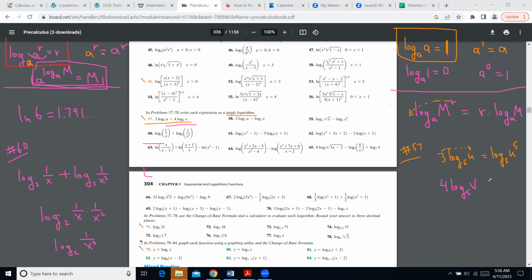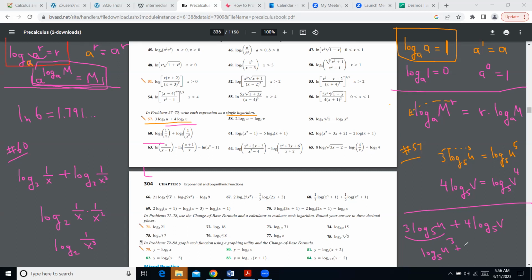Well, analogously, I can bring that power of 4 to v, so get v to the 4th. In other words, when they told you to get 3 log base 5 of u and add it with 4 logarithm base 5 of letter v, then the first guy will be logarithm base 5 of u to the power of 3.